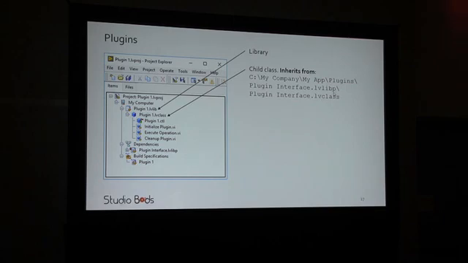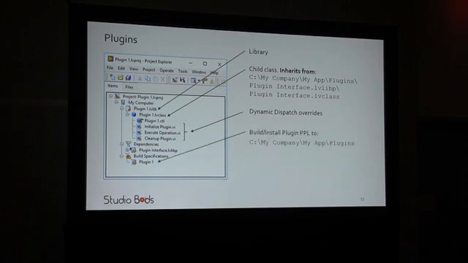You see the extension P. So when you build your plugin, you set the class to inherit from the plugin interface class that is already built into a PPL, not the source. And then you implement your dynamic dispatch overrides for what you need in your plugin. And you build your PPL and place it in the same folder where you have your plugin interface and your other plugins.